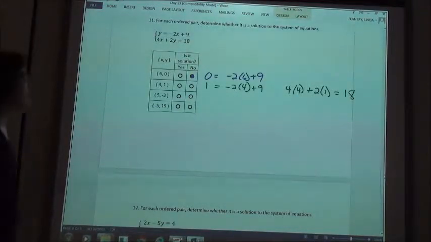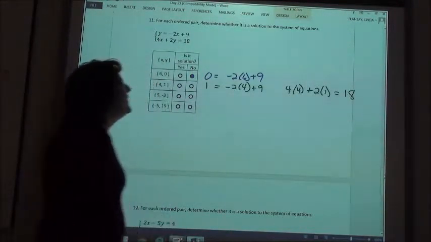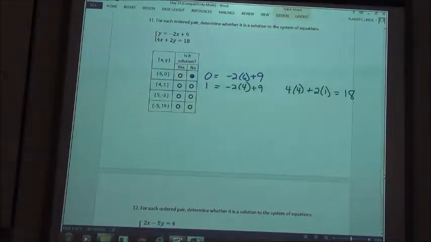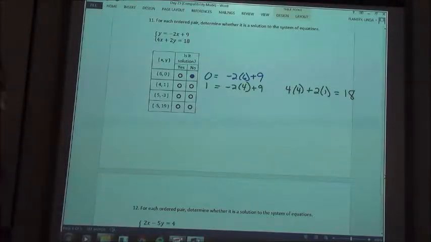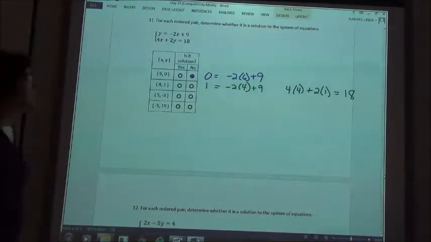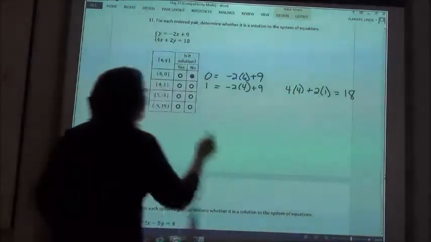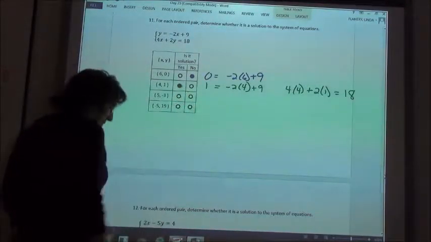Try it again then. Equals 18. So we got a yes and we got another yes. We get to mark yes.